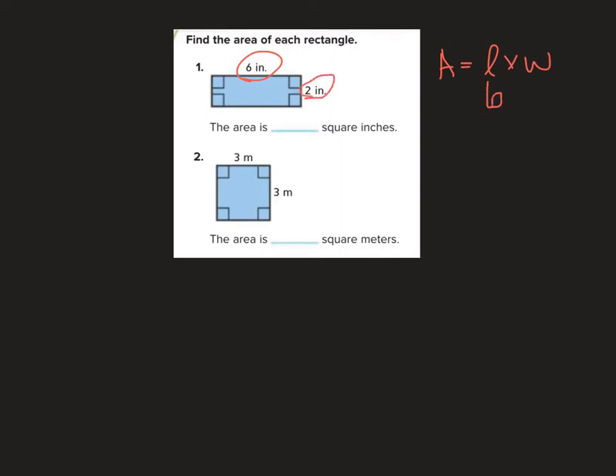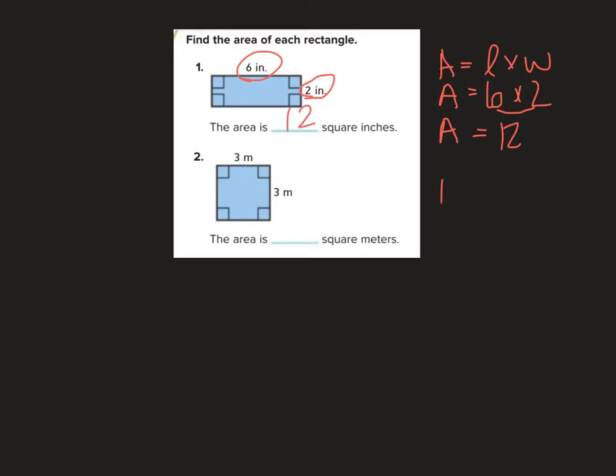Right below my W, I'm going to put my width, which is 2. And then I'm going to bring everything else down. Bring down my A, bring down my multiplication sign, bring down my equal sign. Now I can compute. 6 times 2 is 12 equals capital A. So that means that the area is 12 square inches.